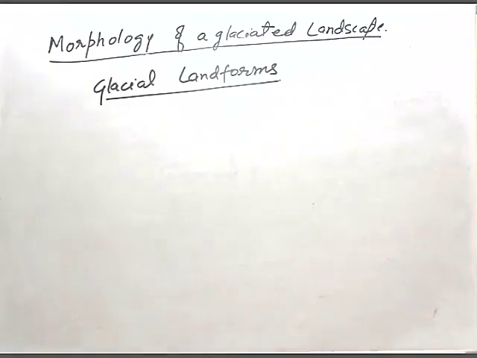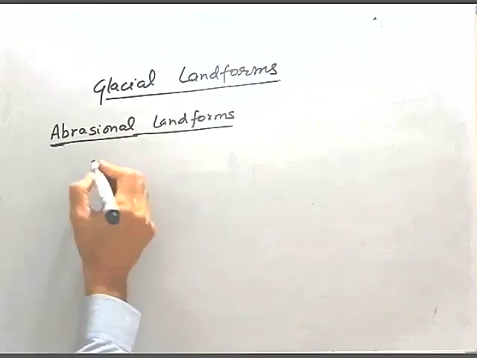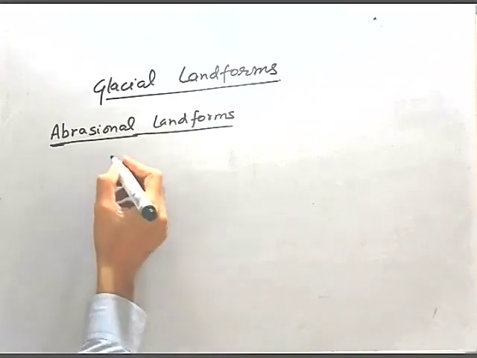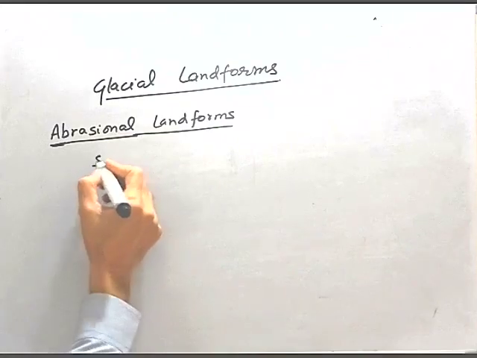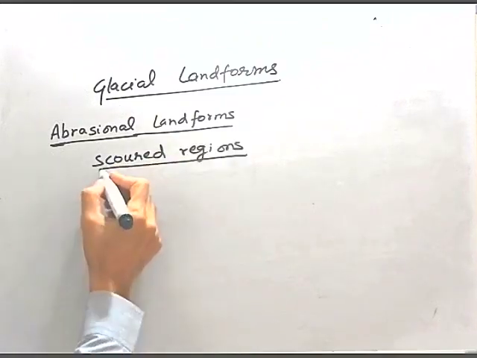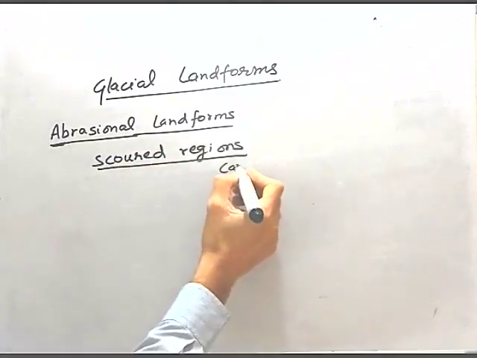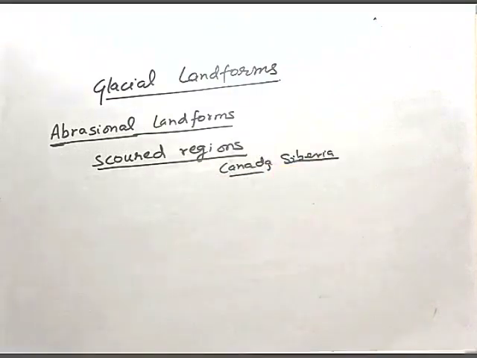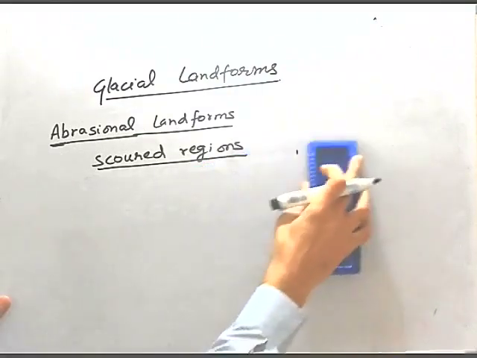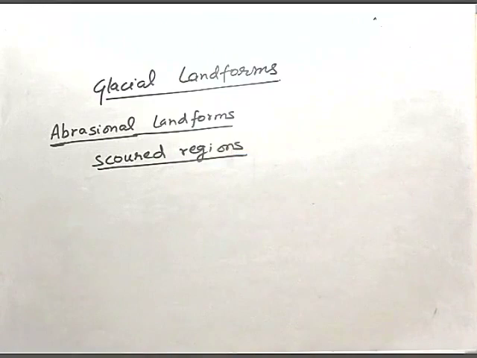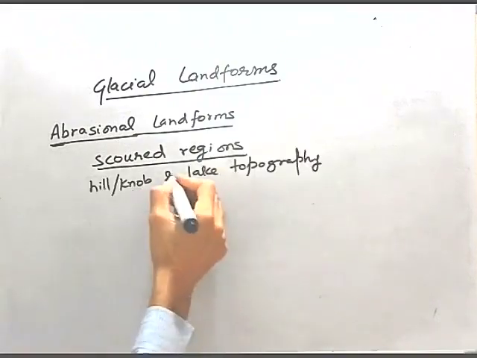Now coming to the abrasional landforms, abrasion creates large regions of glacial scour. These are known as scoured regions. So vast regions in Canada, Siberia have been affected by the scouring action of the continental ice sheets during the Pleistocene times, and this generates knob and lake topography.